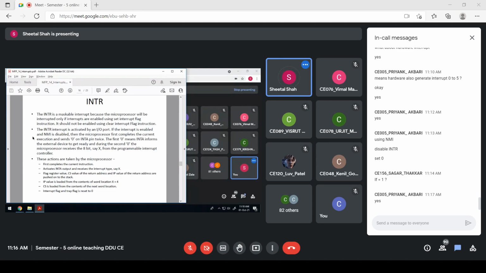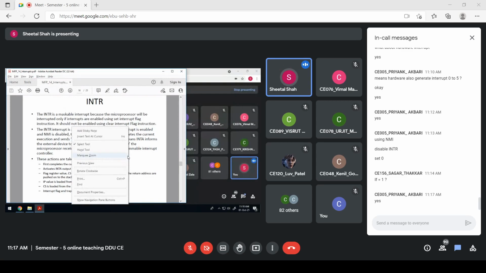Followed? The INTR interrupt is activated by an IO port. If the interrupt is enabled and NMI is disabled, since we know that if both interrupts occur, NMI has more priority than INTR.